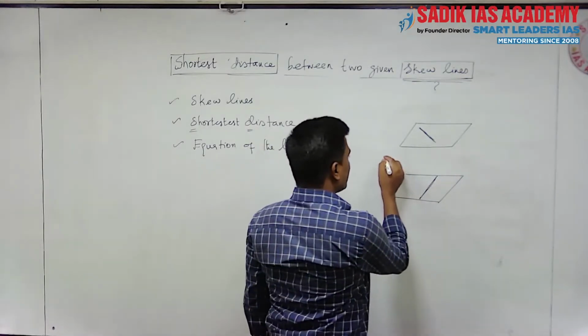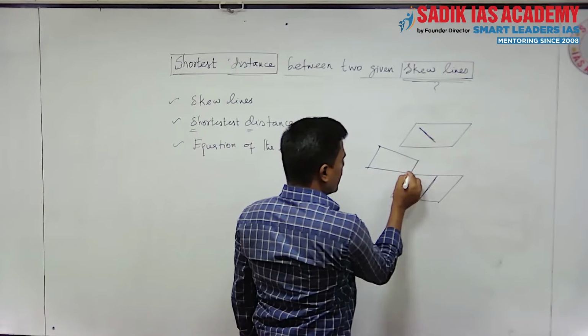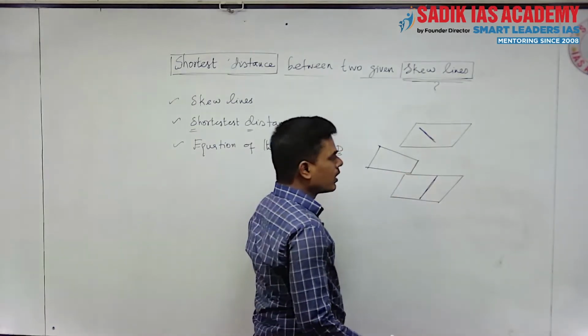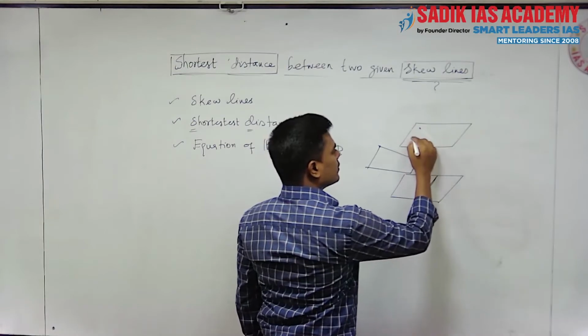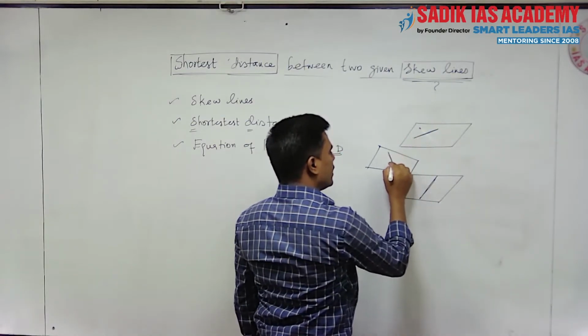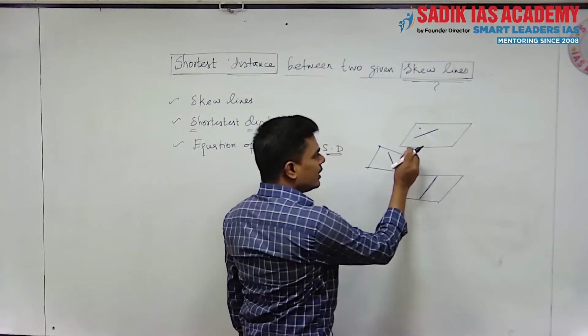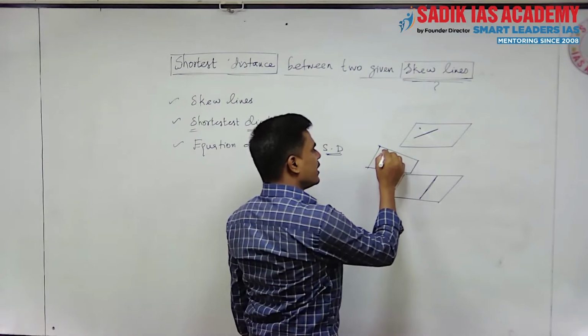Suppose I take some other plane like this, and some line like this and some line like this. In the plane they will not intersect, but the property of a line is that it might extend.